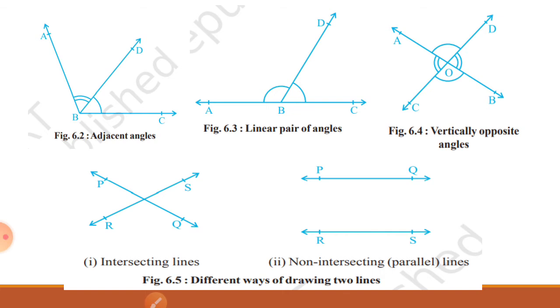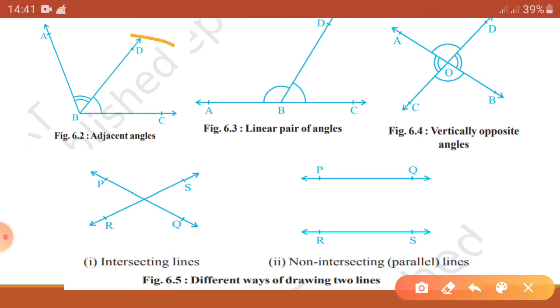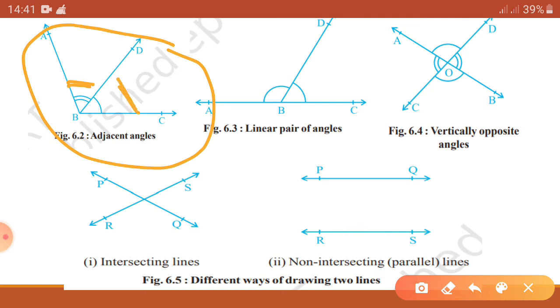So two angles are adjacent if they have a common vertex, a common arm, and their non-common arms are on different sides of the common arm. If we talk about figure number 6.2, it is an example of adjacent angles. Here angle ABD, that is this angle, and angle DBC, this angle, are adjacent angles.